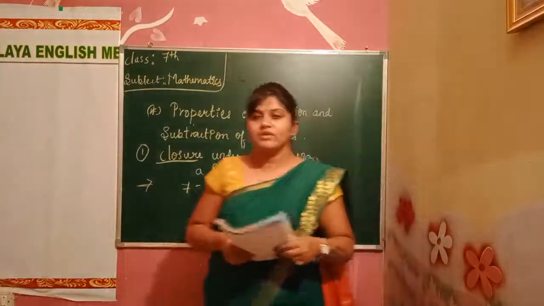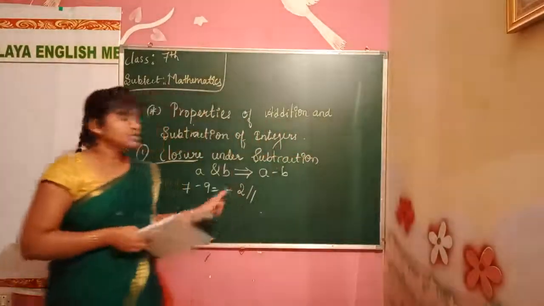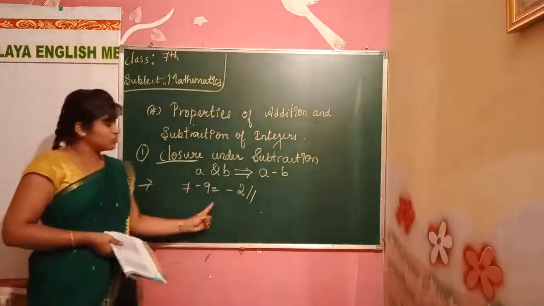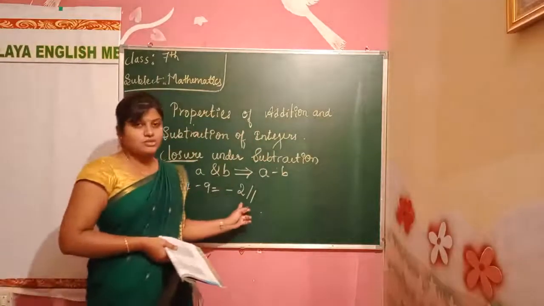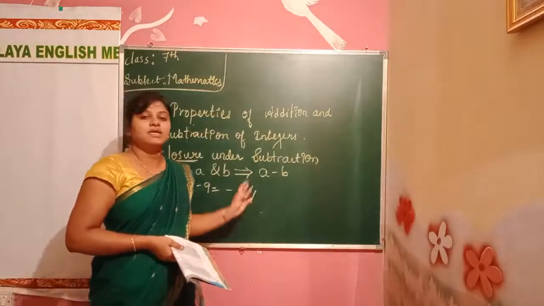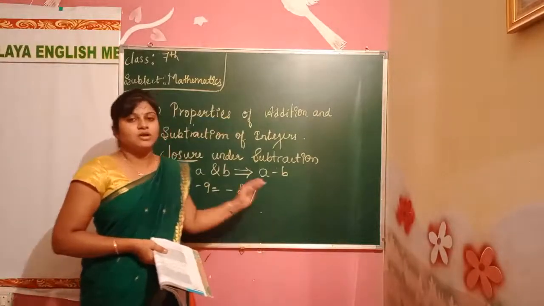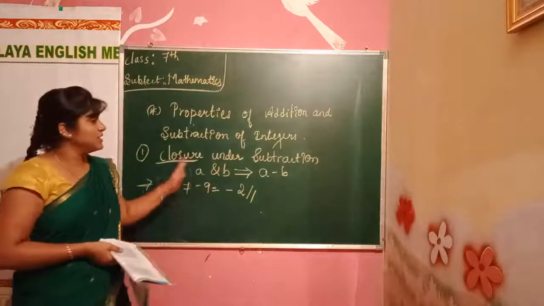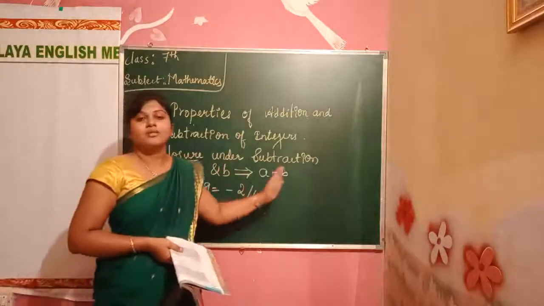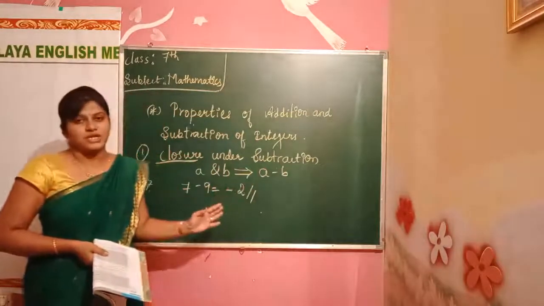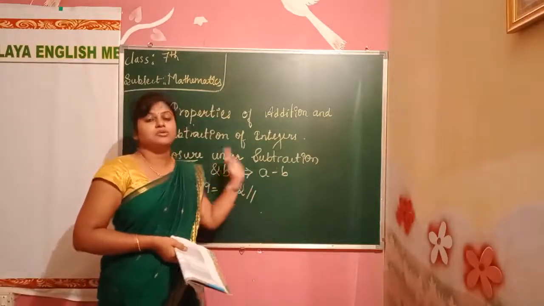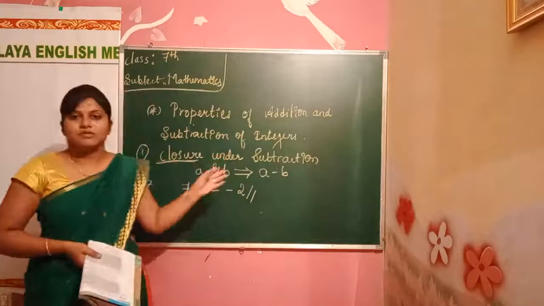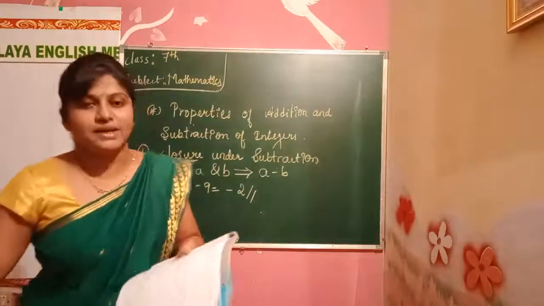Here we are getting an integer itself. 9 is an integer, 7 is an integer, and when we do the subtraction we get an integer only. This is the closure property of addition and subtraction. We did both.